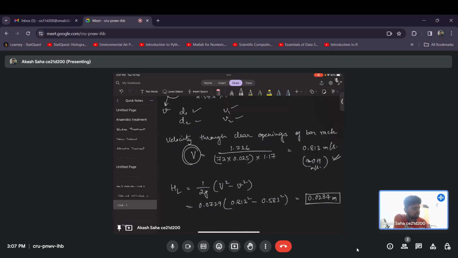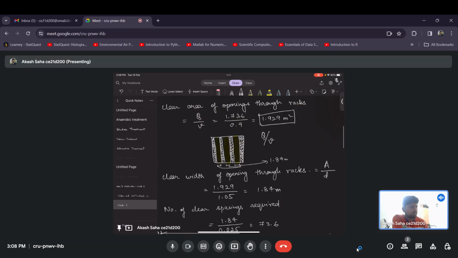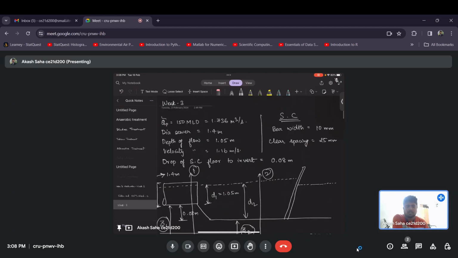Then we will substitute the values for the head loss in the equation. In that way, we will design the screen chamber. I hope it's understandable to you. If you have any concern, you can get back to me at my email address. This is a very standard problem for the design of the screen chamber.